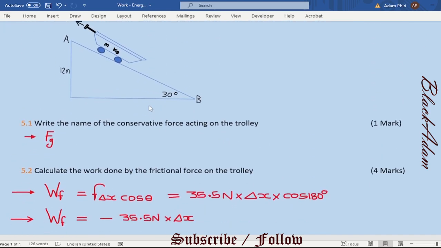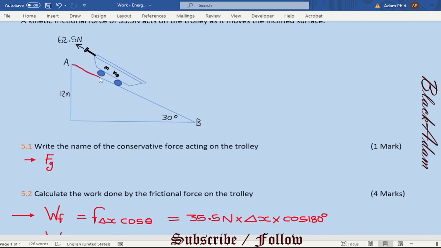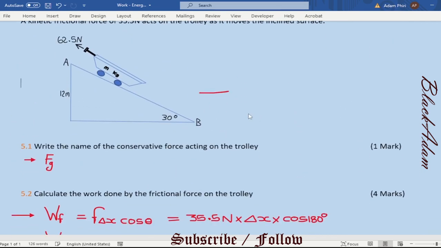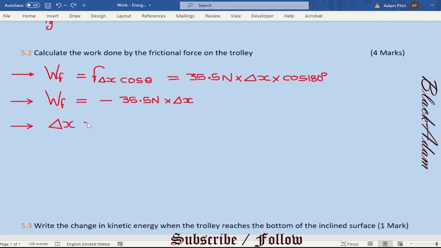So where's the displacement part? That's the displacement part AB, where the friction has contact with the trolley, and it is unknown. But we can draw a sketch.